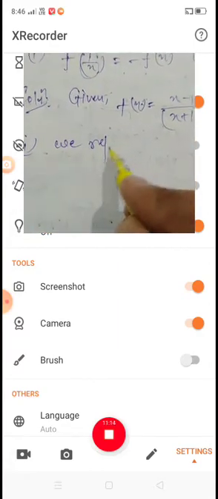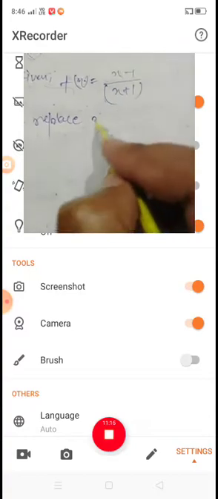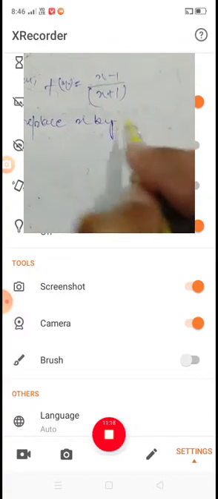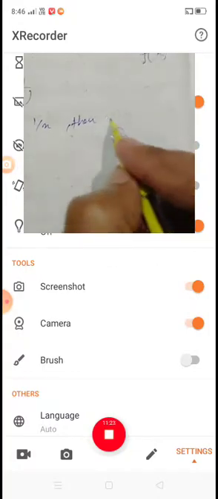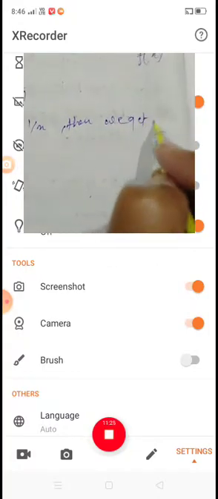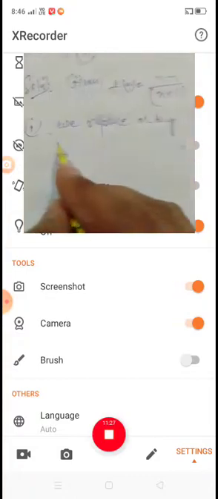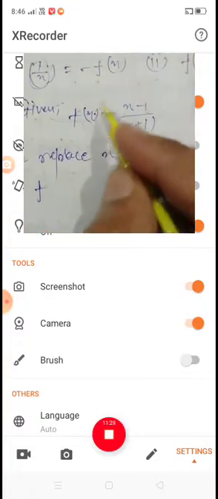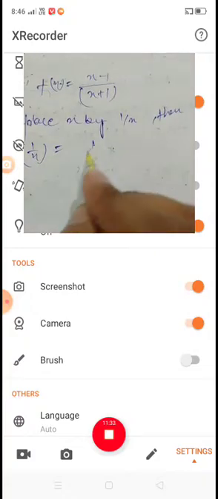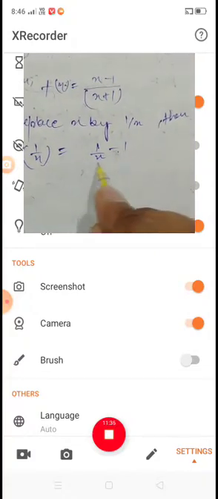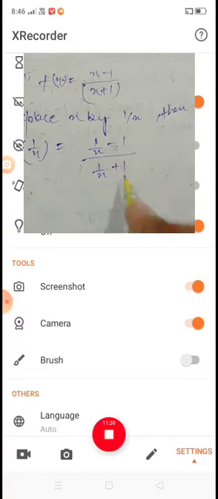Then we get f of 1 by x is equal to 1 by x minus 1 upon 1 by x plus 1.